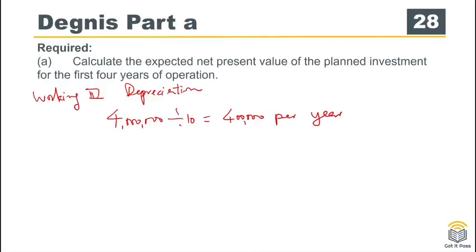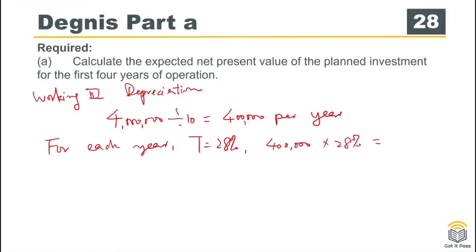And for each year, the tax rate is 28%. In other words, 400,000 depreciation charges can help to save how much tax?